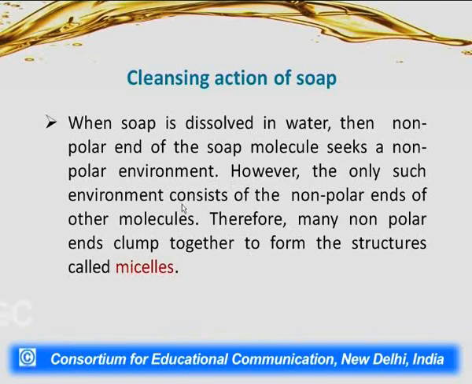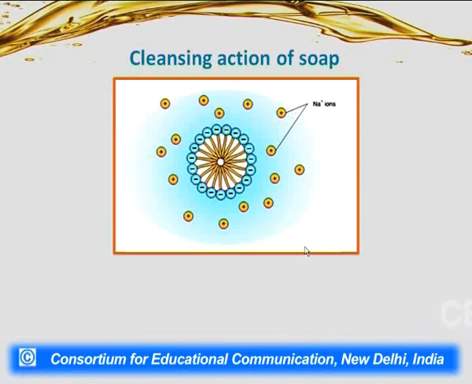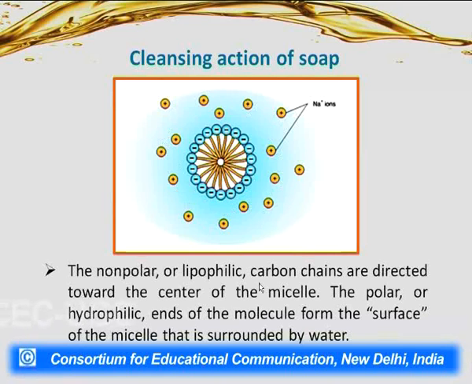Inside, these hydrophobic ends are dissolved into each other, or combined with each other, and the outer ends have the charges, like we show here. These, shown in this reddish orange color, are the hydrophobic carbon chains of the soap molecules, and these blue ends with the negative charge show the outer carboxylate anion part. So, they have formed a structure known as micelles, and the sodium ions are floating around them in the aqueous solution. Now, actually these are the micelles which are used for cleansing.